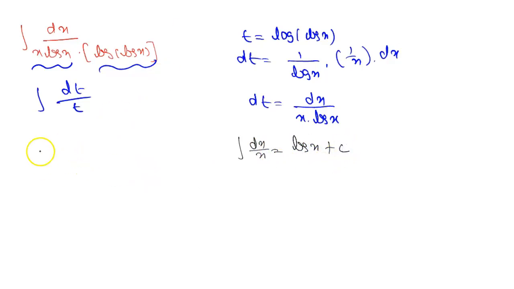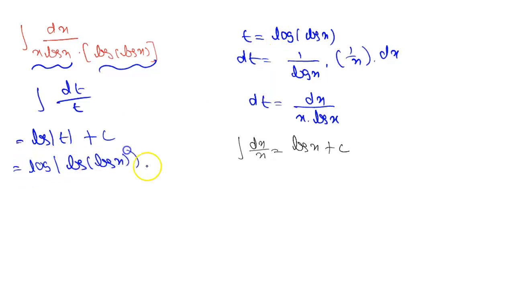By applying that formula, this is equal to log mod t plus c. But t value is how much? Log of log x. So the answer is log of log of log x plus c. This is the answer for this question. Alright, next.